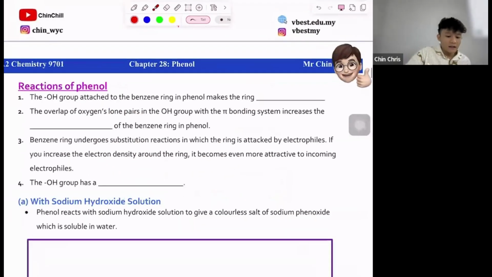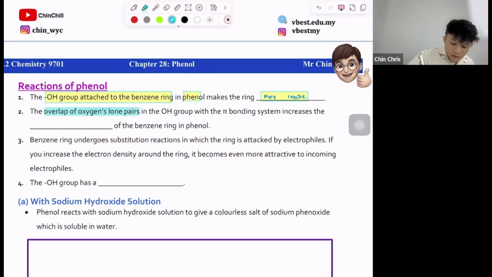All right, so guys, look at this. The OH group attached to the benzene ring will make the ring more reactive. Remember, the ring is more reactive now. Why? Phenol is more reactive for one reason. The lone pair overlaps with the pi bond system, right? So what is it going to do?